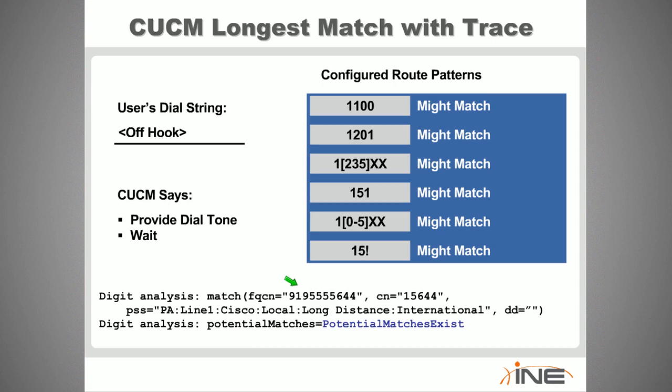So we've got a user here in RTP, 919 area code, 555 prefix, 5644. Notice that 5644 matches the last four digits of the calling number, their extension, but if we go over one more digit, 5 does not match the 1. That's fine.